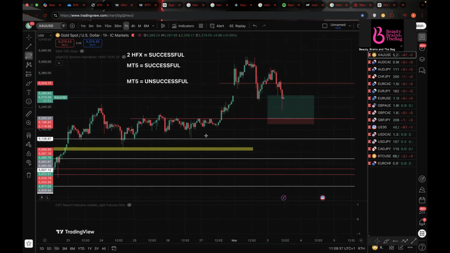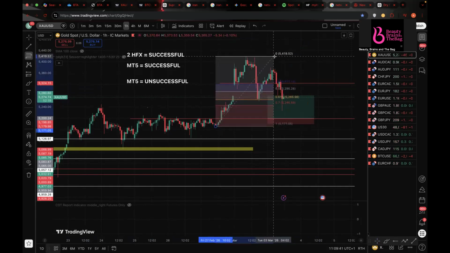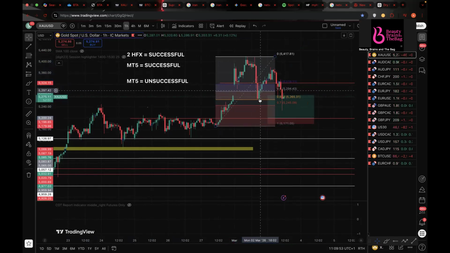If you had used the Fibonacci retracement from here to here, it gave a retracement at the 0.618 level. So if you had used that, you could have seen that entering a buy at this particular point would have been optimal for you due to that trading strategy.